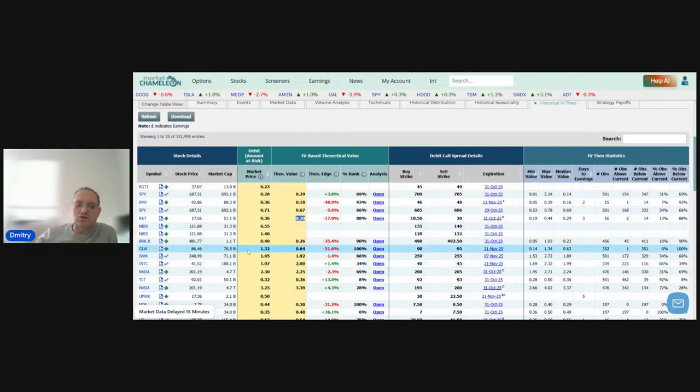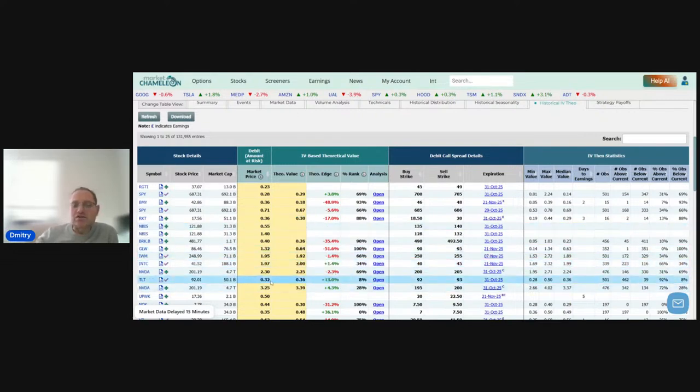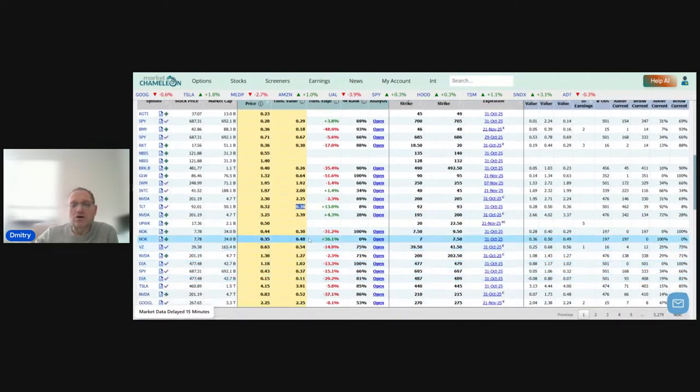So now we could see where things look attractively priced based on similar options and their implied volatilities, where we capture implied volatilities of option chains and how the options relate to each other. Based on that, we could look for those types of opportunities.